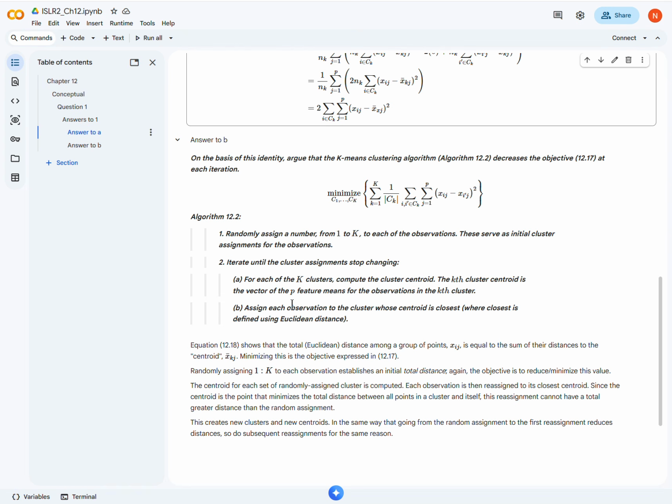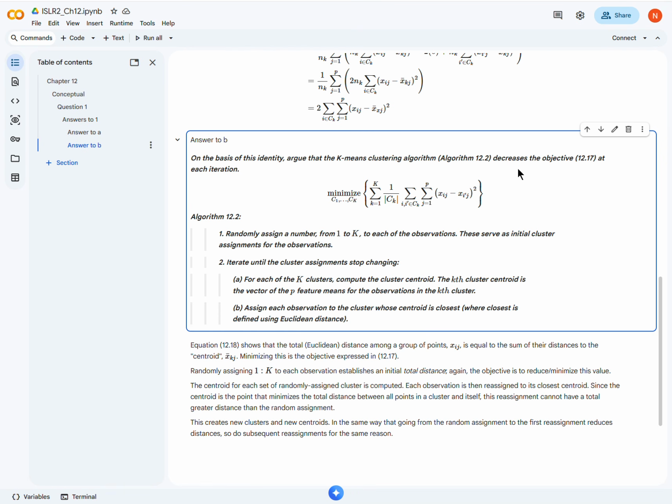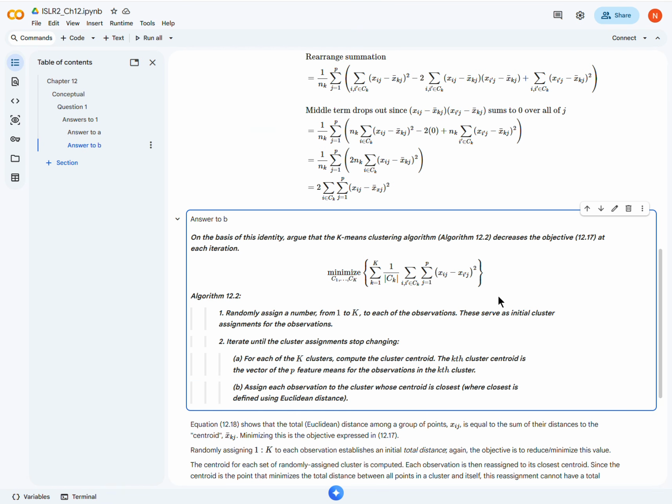Okay. Now in part B, we are going to argue that the k-means clustering algorithm, which I've pasted here, decreases the objective function 12.17 at each iteration, and this is 12.17. And so what is the objective function here?